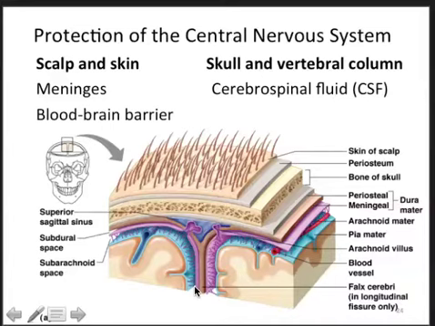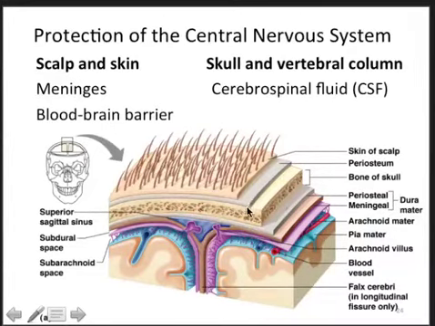So this is a cross-section through the cranial vault, and what you can see is that the skin and the scalp form the outer surface, the most superficial layer of the cranium. Beneath that is the periosteum, which is the membrane that surrounds and nourishes the flat bones of the skull, as well as the rest of the bones of the body. Beneath that is a layer of compact, then spongy, then compact bone again.